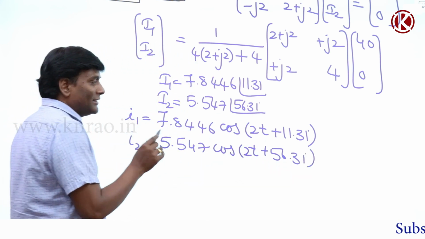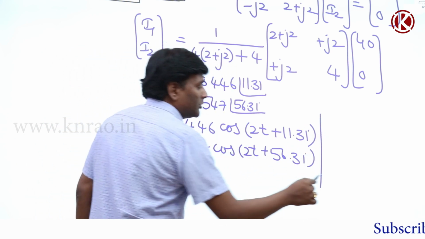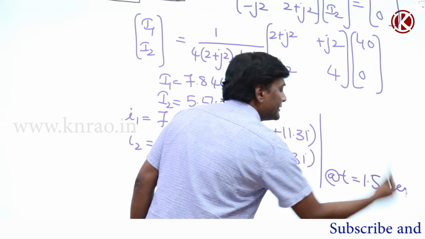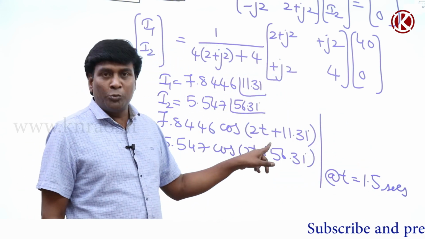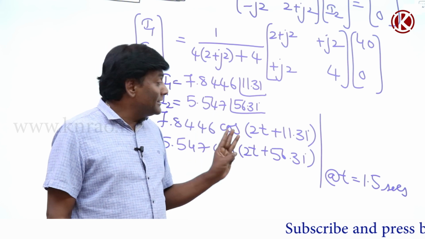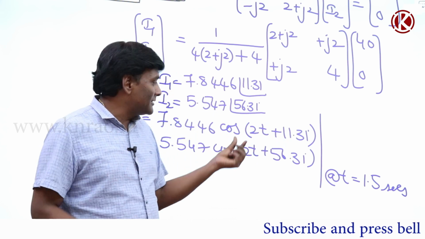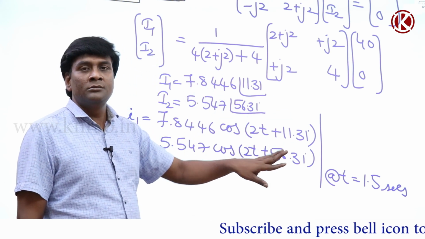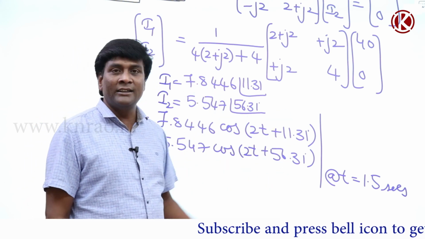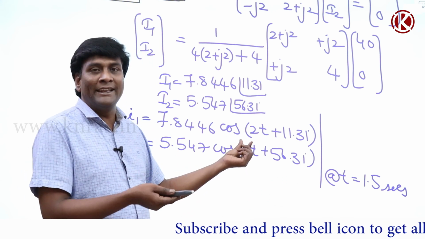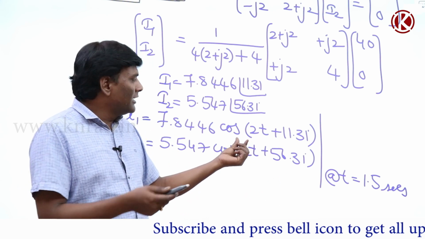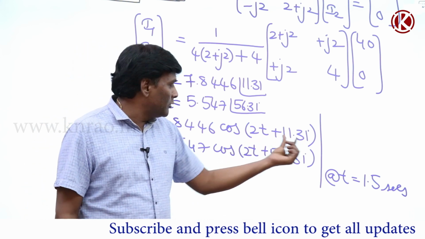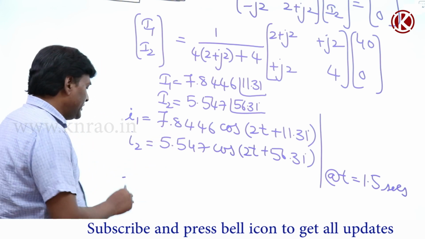Okay. Now for this you have to calculate I1 and I2 values at t equal to 1.5 seconds. Okay. So 2 into 1.5 will give you 3. That 3 we should not combine with degrees because it is in radians. So that radian should be converted into degrees. So 3 into 180 by pi, roughly 171, 172 degrees will come, plus 11.31, cos of that into this instantaneous value.